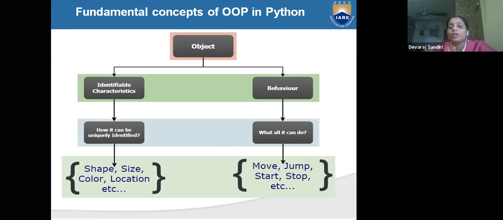What work it can do is called methods or behaviors. Examples of characteristics: shape, size, color, location, etc. Behaviors are things like move, jump, speed, start, stop. Your behavior and your friend's behavior are different, and your name and their name are different.